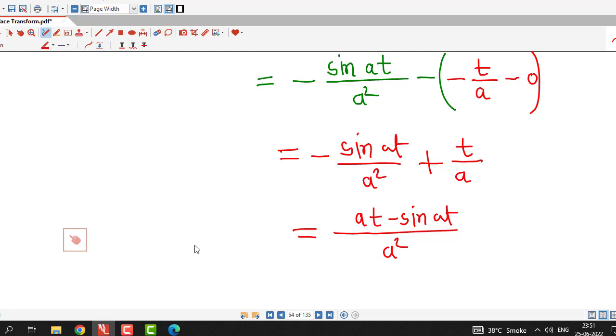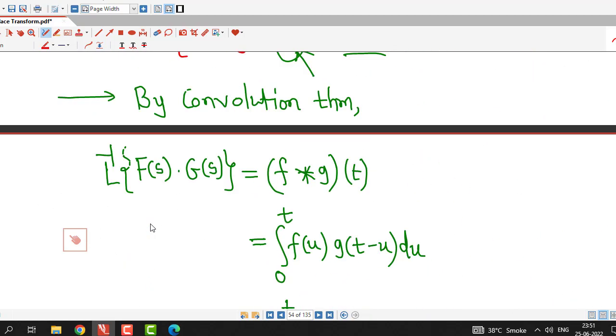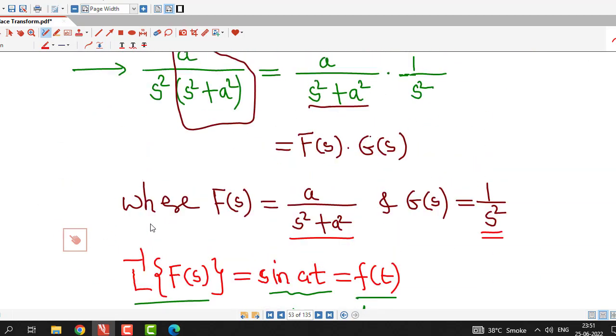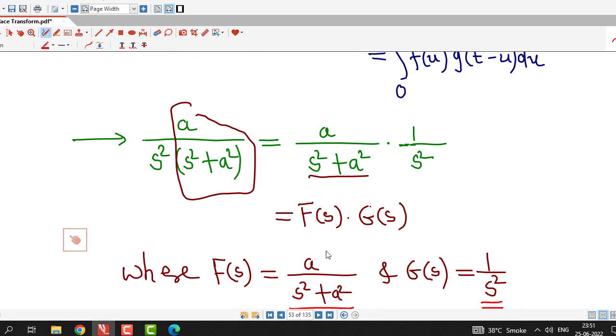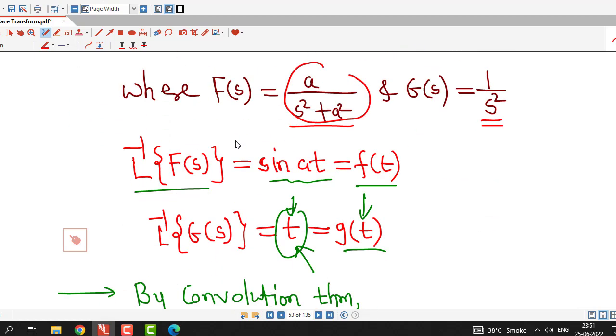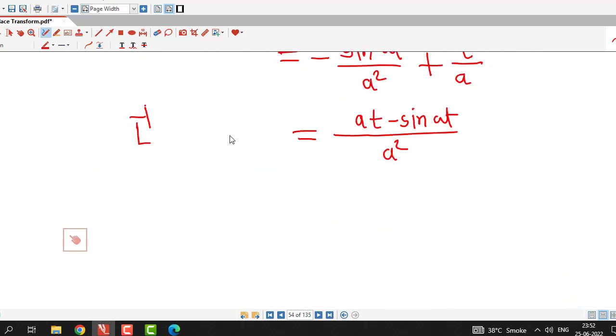So the left hand side was the inverse Laplace transform of f of s into g of s, and the product of these two is nothing but a divided by s square into s square plus a square. So finally we have obtained the inverse Laplace transform of the given function, which is a divided by s square times s square plus a square.